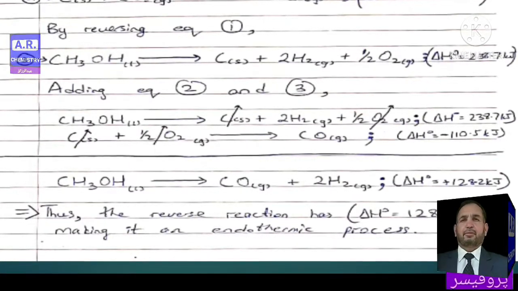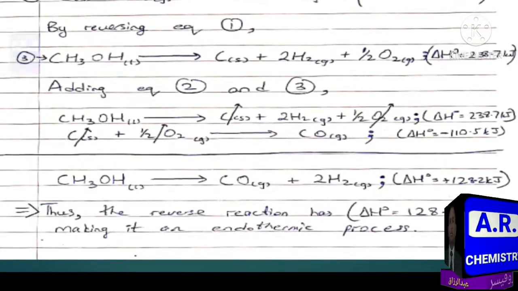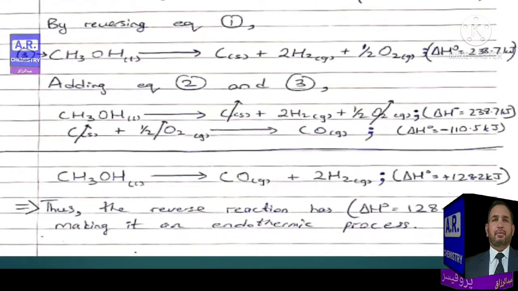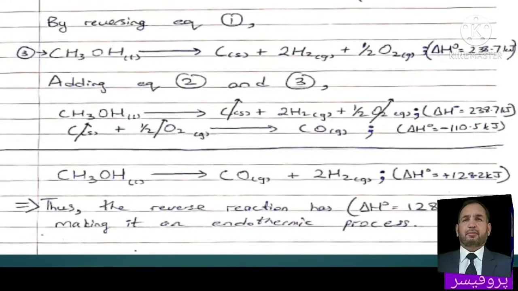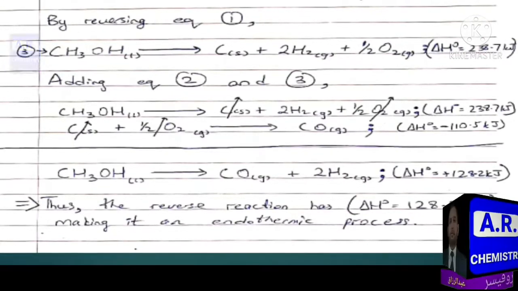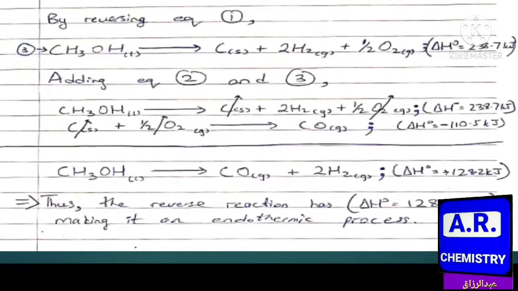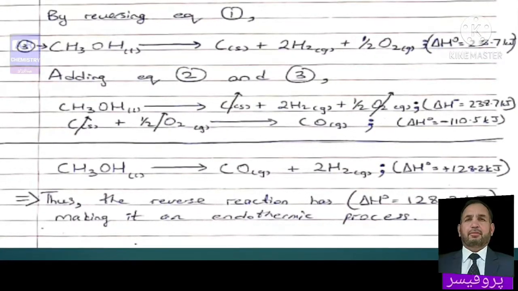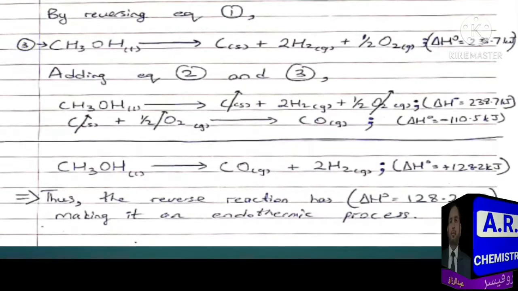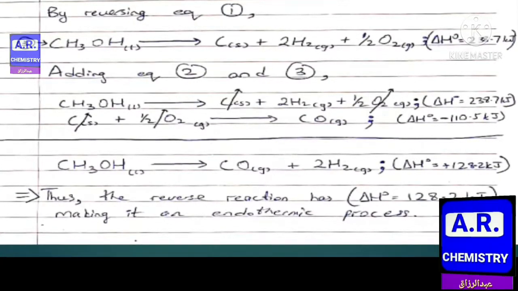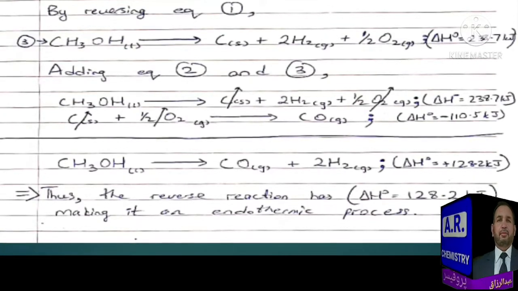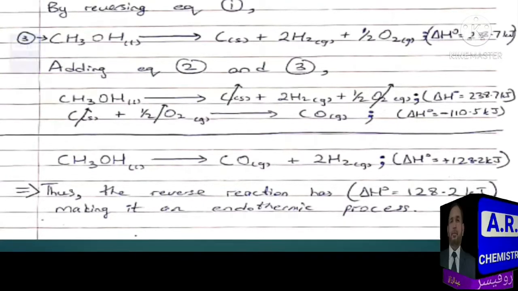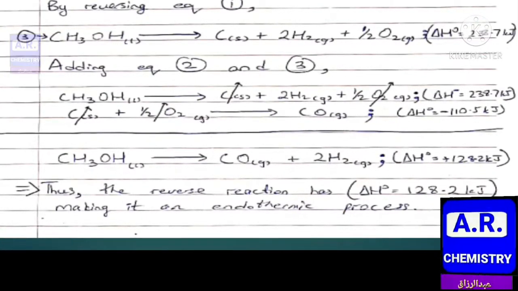After that you are to add equation 2 and equation 3, the reversed equation. Equation number 2 is the enthalpy of formation of carbon monoxide with the value minus 110.5, and equation 3 is obtained after reversing equation 1. So adding equations 2 and 3, you get an equation with methanol on the reactant side, carbon monoxide on the product side, and 2H2 also on the product side.